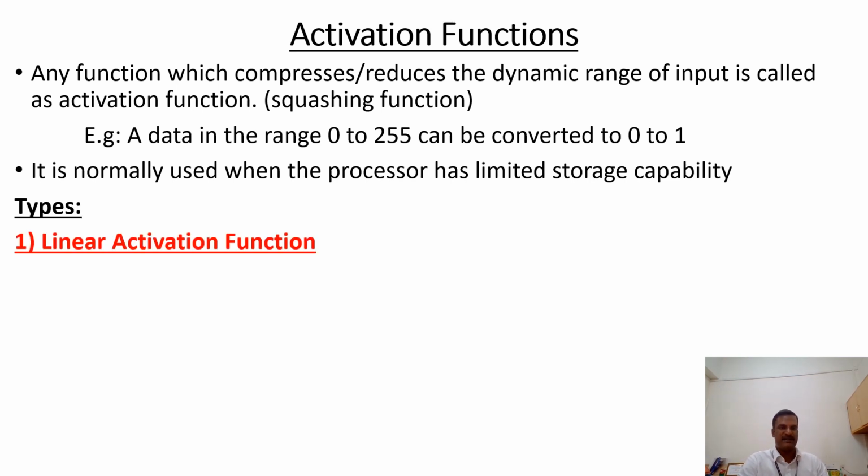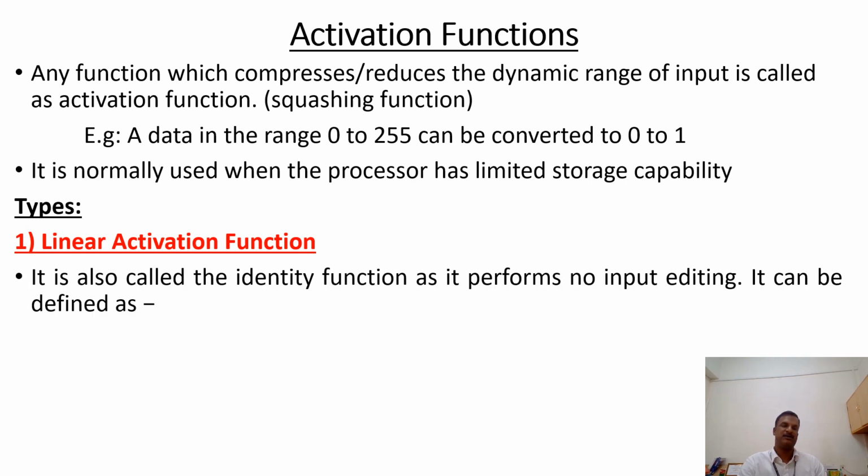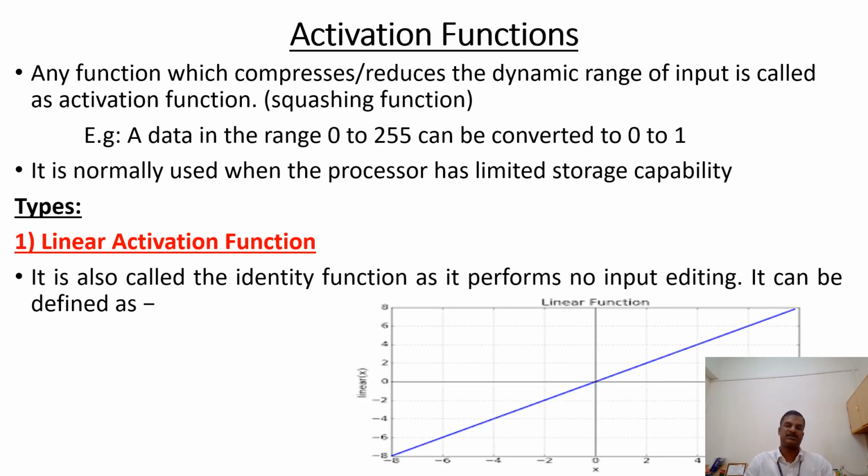So what are the types of activation functions? We have different types. One is the linear activation function. The other one is the rectified linear unit activation function. We have the sigmoidal activation function. We have the tangential hyperbolic activation function. But the important point you need to note down is all the activation functions are not used for all the applications. For classification, we can go for different ones.